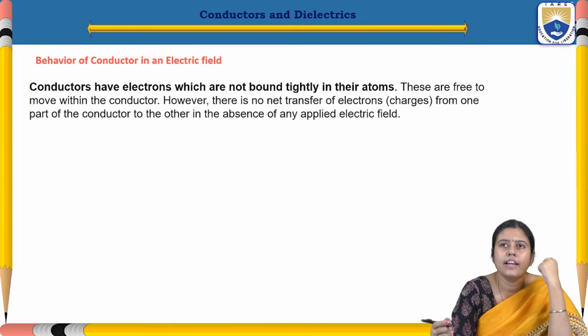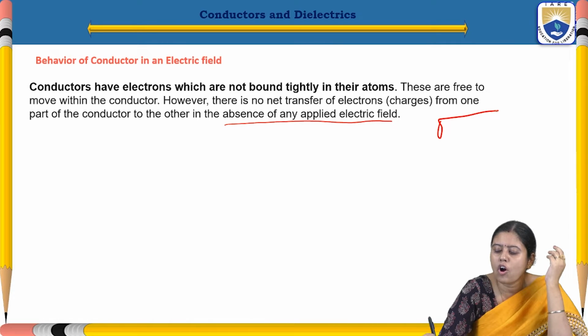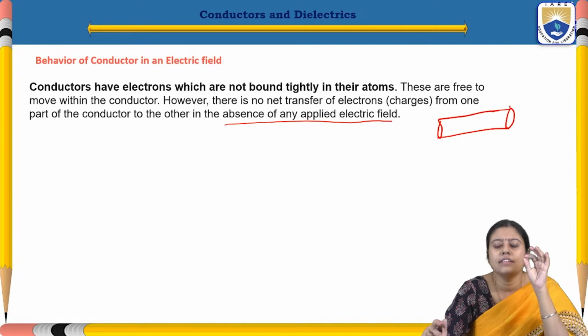However, a net transfer of electrons from one conductor to another is not possible in the absence of an electric field. Say we keep a copper wire idle, maybe there are some loose electrons, but there is no flow of electrons, so no flow of current.